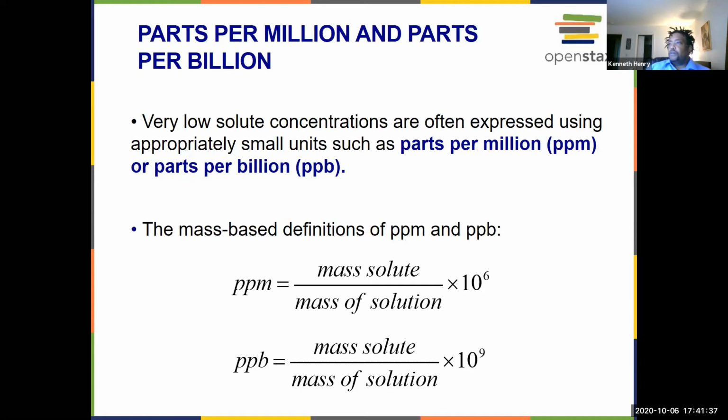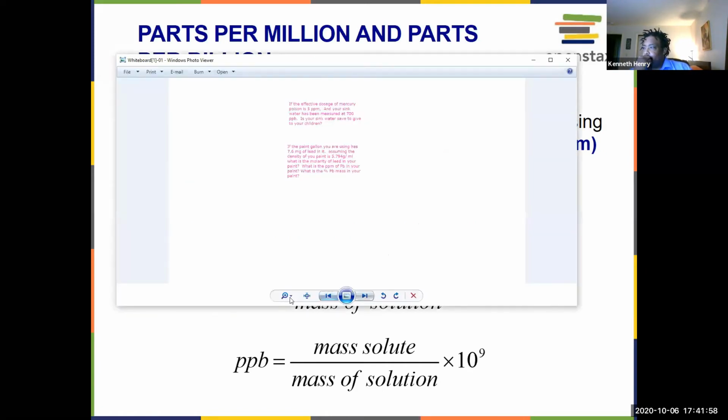Okay, so I want to test your skills on everything that you've learned today. So I'm going to pull up a question. Give me a second. Can you see my screen?